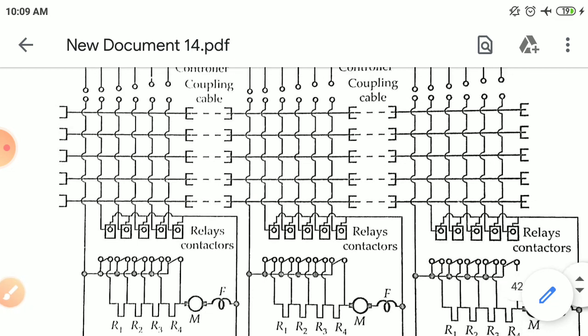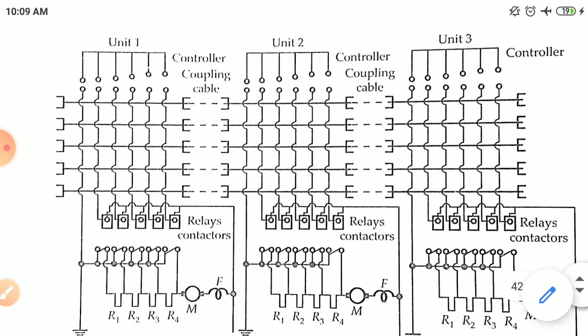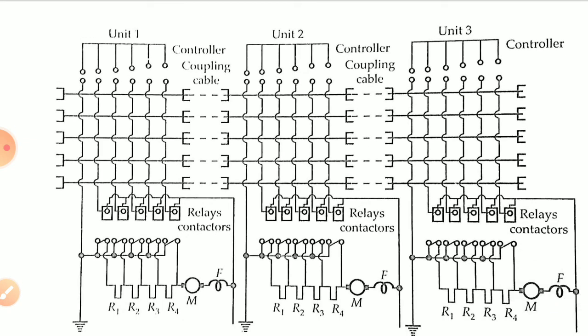That is why it is called multiple unit control. This is also used in traction drive systems to control the motors. For city and suburban services, motor coaches are usually used.